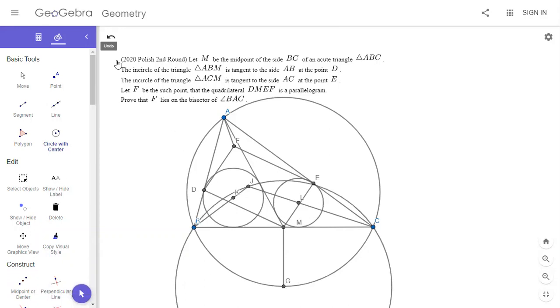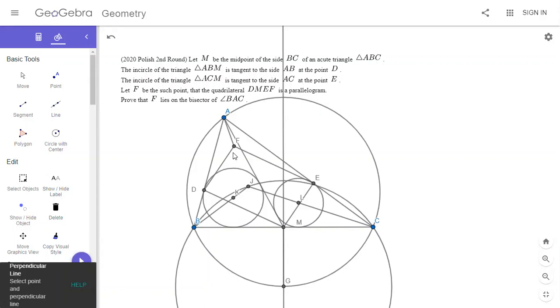Let's see. So what if I draw the perpendicular from F to GM?